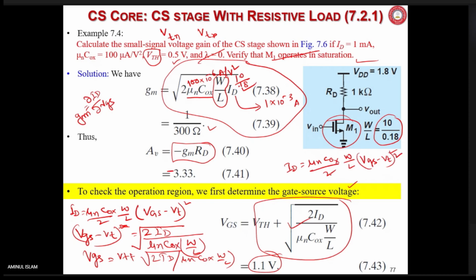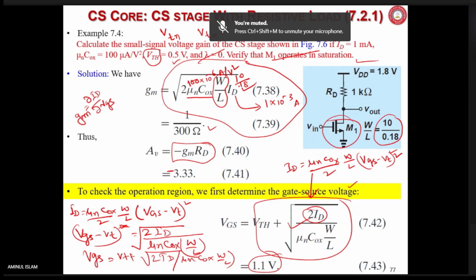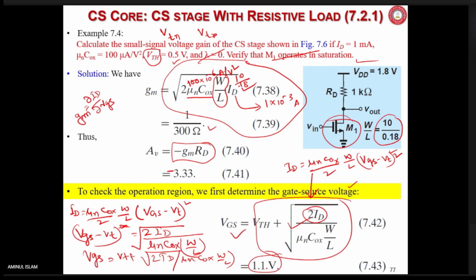You see, this 2 ID is coming here, and this is directly derived from here. Is it not possible to obtain this? Yes, sir. Okay, then you get VGS equals 1.1 volt. What is VT given? VT is 0.5 volt given here.